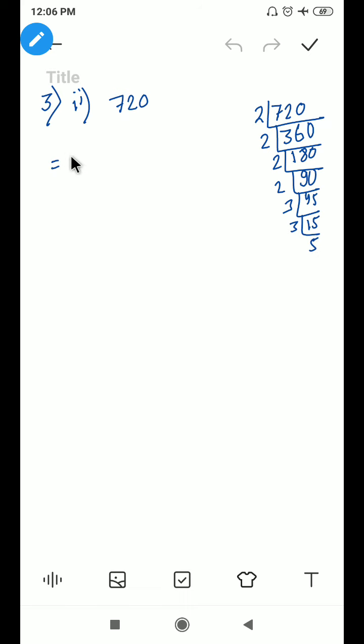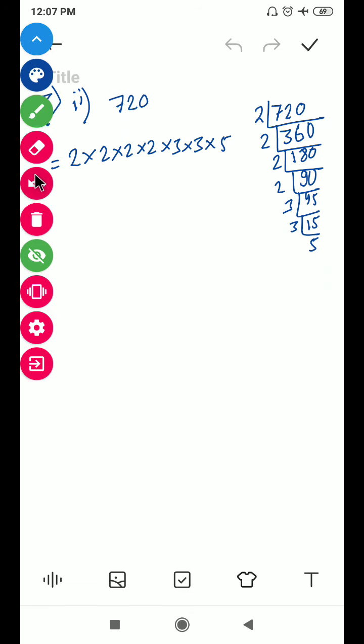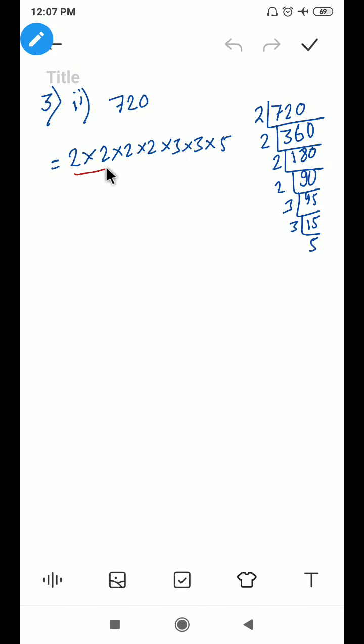So you can write this number as 2 into 2 into 2 into 2, there are four 2s, two 3s and only one 5. So look at the pairs. This is one pair, this is one pair, this is one pair, and 5 is the only unpaired one. If you multiply by 5, you will get a perfect square number. So the number you have to multiply is 5.